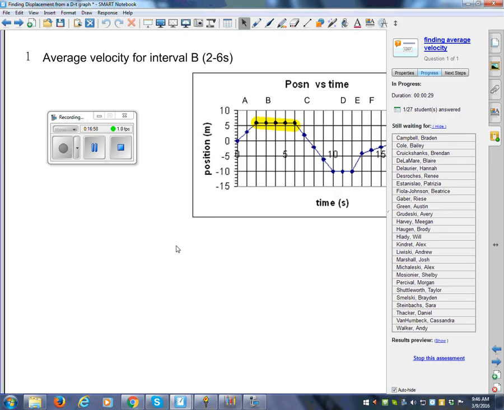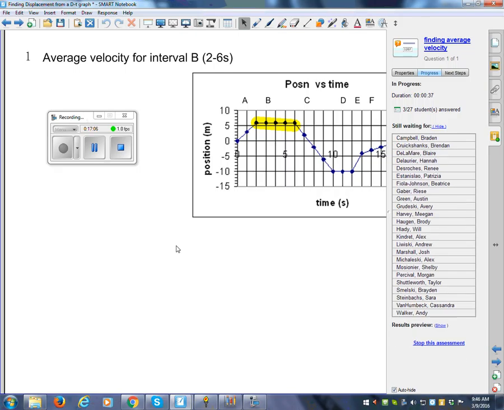So it's displacement divided by time. Look at the displacement that you got for interval B, and you divide by the time. Yeah, there's only one question. Let's do this first one, get an answer, and then move on. Just one question.